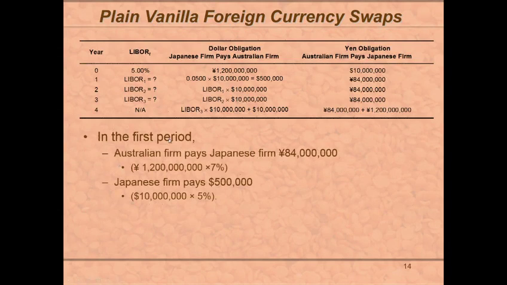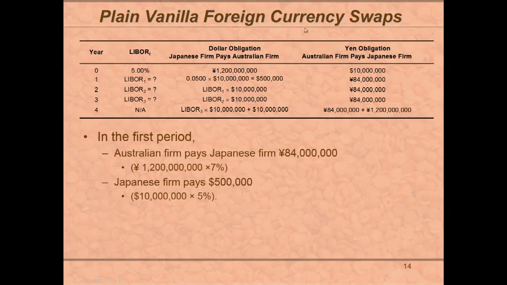Okay, so calculation. At the beginning of the swap period, the Japanese firm pays out yen at an exchange rate of 1 to 120, and the Australian firm pays out 10 million.